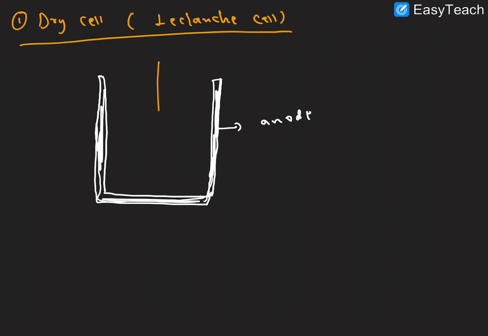At the center of the cell we take a graphite rod. This graphite rod does not touch the bottom, so there is some space.